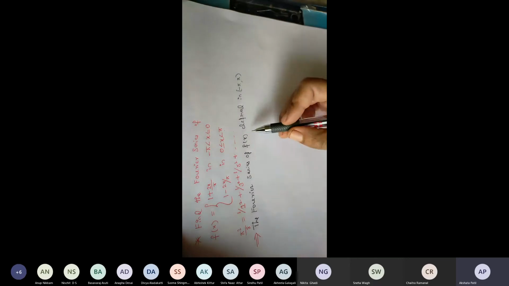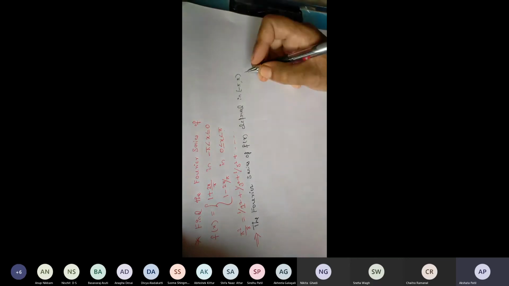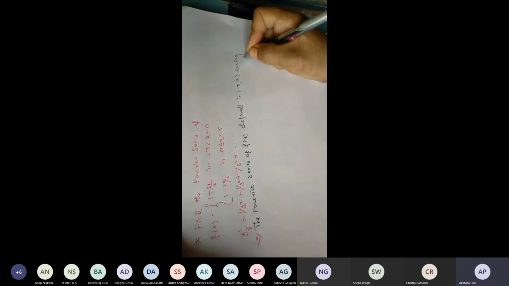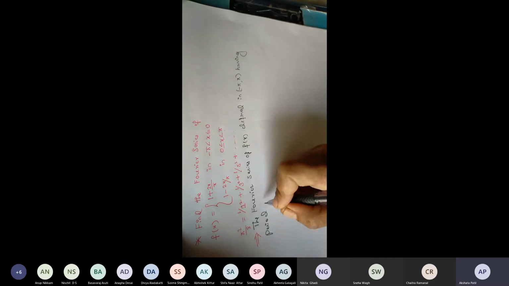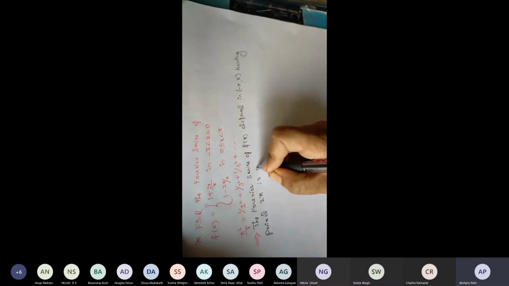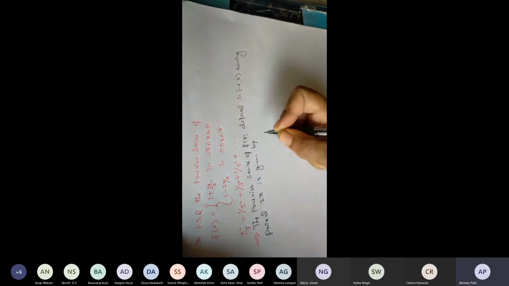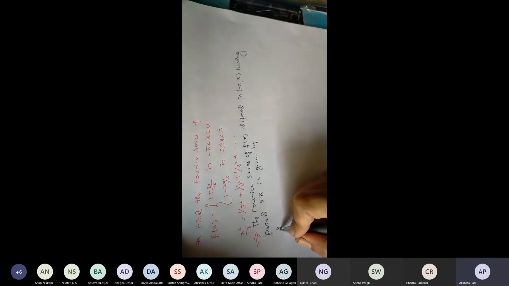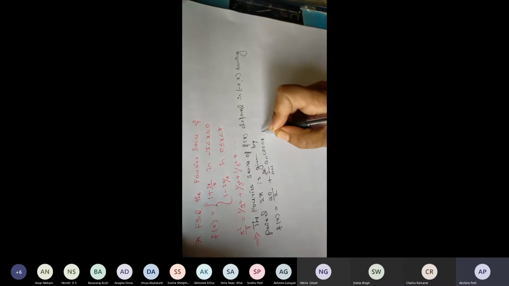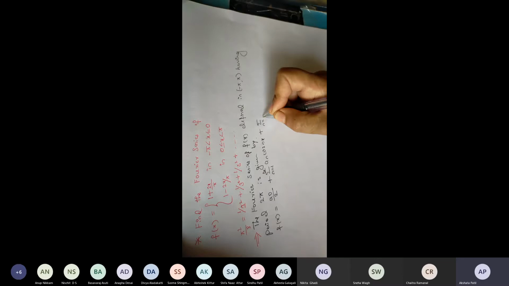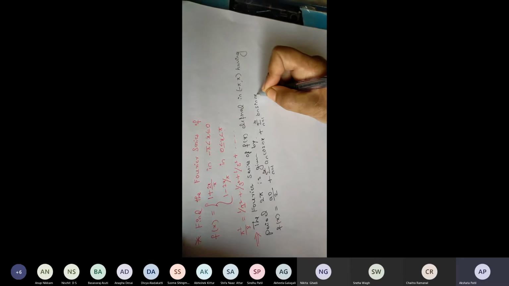So the Fourier series of f of x defined in the interval minus pi to pi, having period 2 pi, is given by, so here we can write the formula of Fourier series, that is f of x equals a naught by 2 plus summation n equals 1 to infinity an cos of nx plus summation n equals 1 to infinity bn sin of nx.